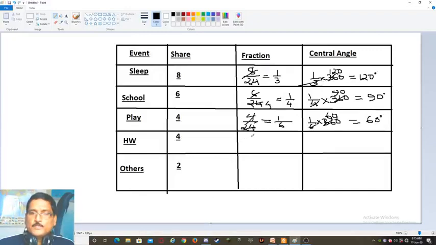It will also be the same for 4 by 24. Since it is the same, you cannot leave it like this. You have to show your calculation. 4 by 24 is 1 by 6, 1 by 6 into 360 equals 60 degree.